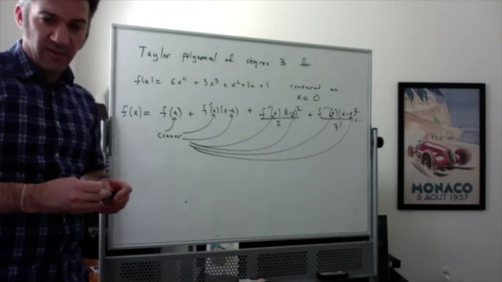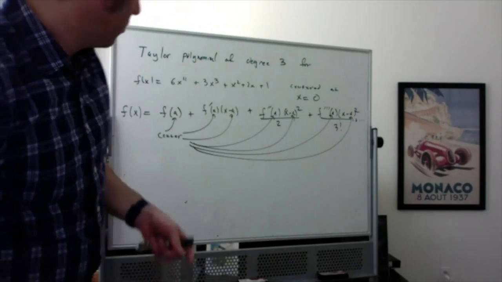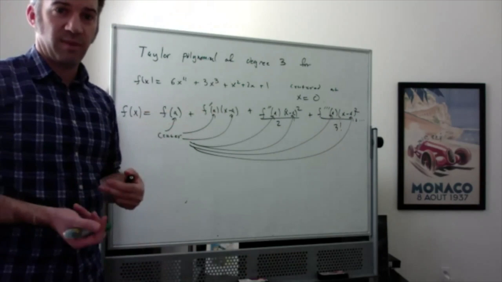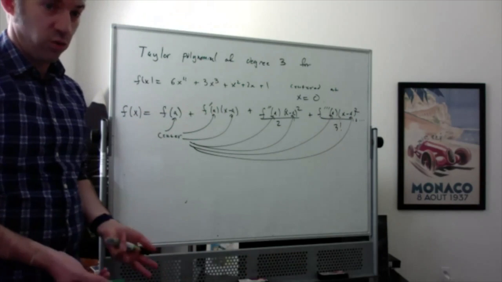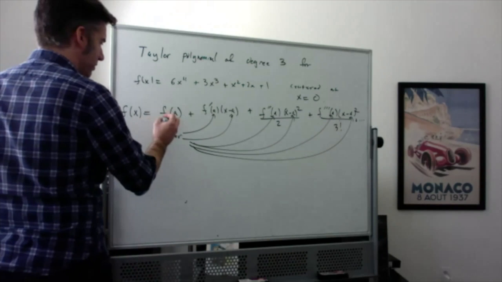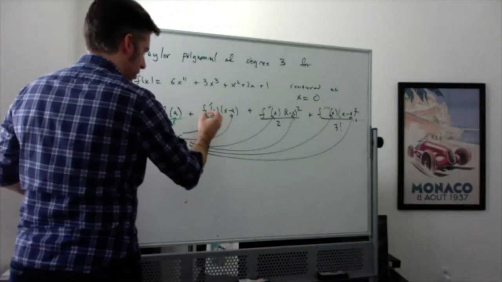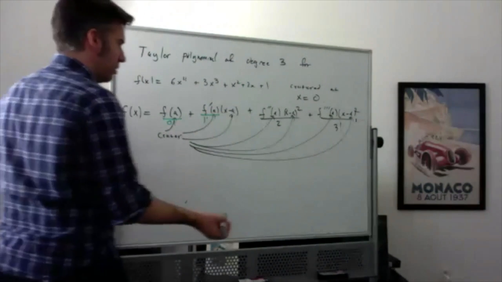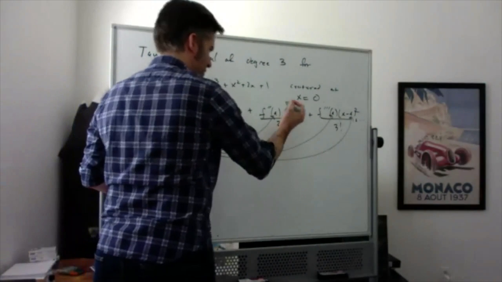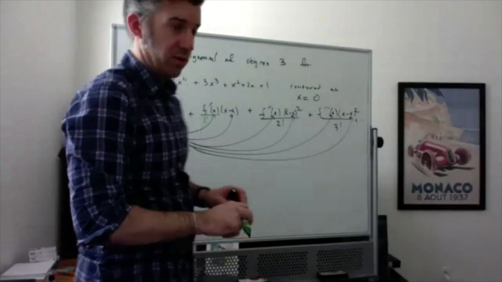And I should also say, even though I didn't write it, each term you're dividing by the next biggest factorial. So really here you are dividing by 0 factorial. And here you're dividing by 1 factorial. Here you're dividing by 2 factorial, by 3 factorial, and so on and so forth.